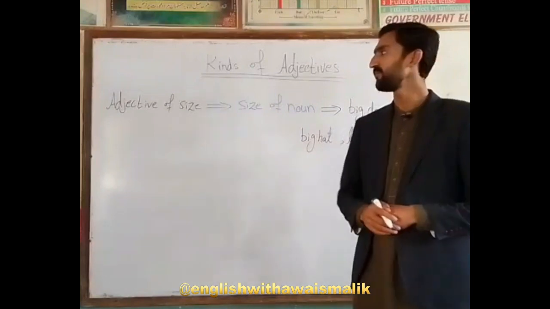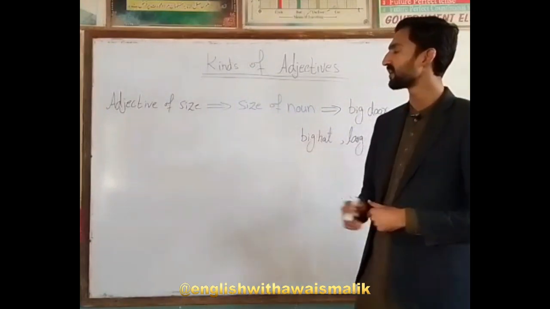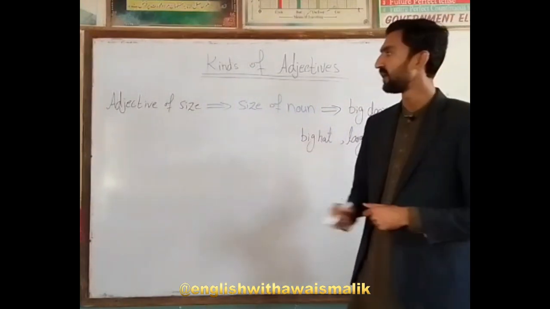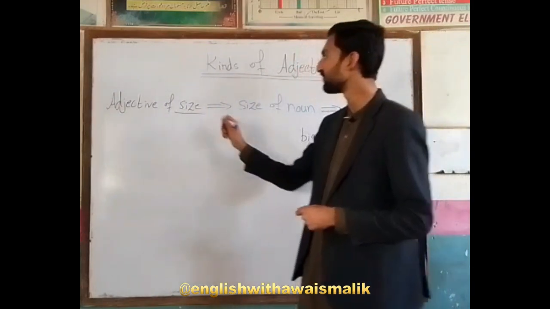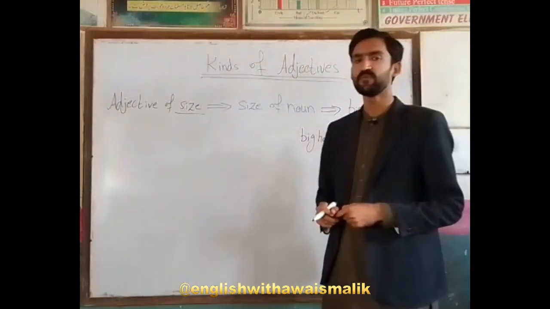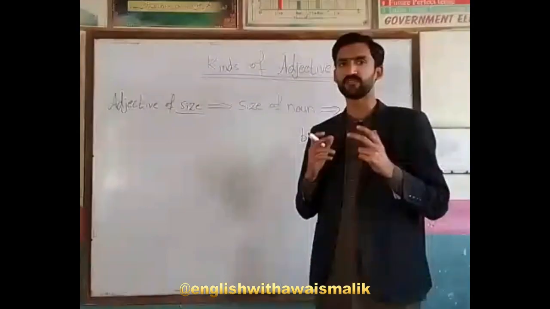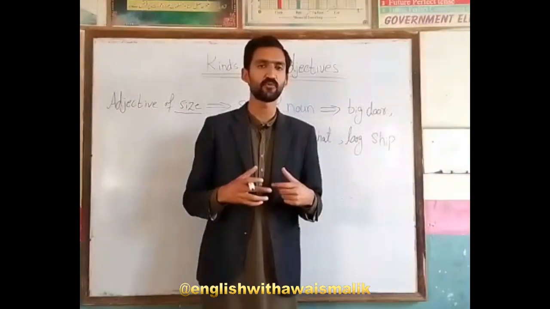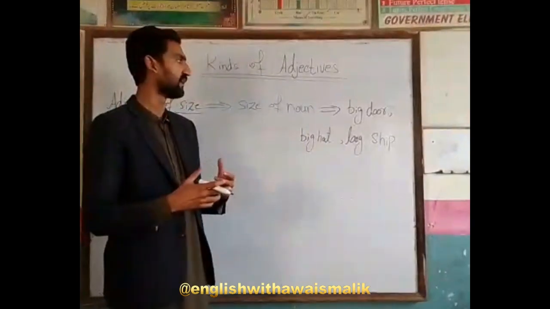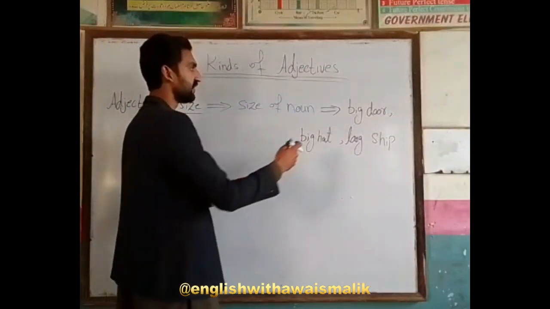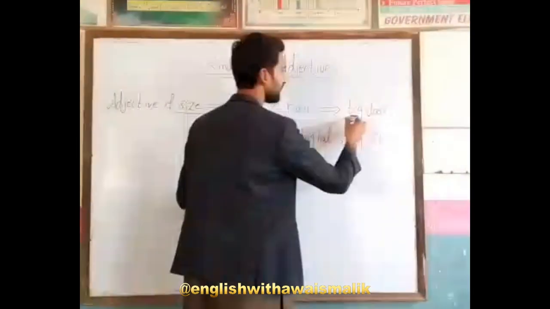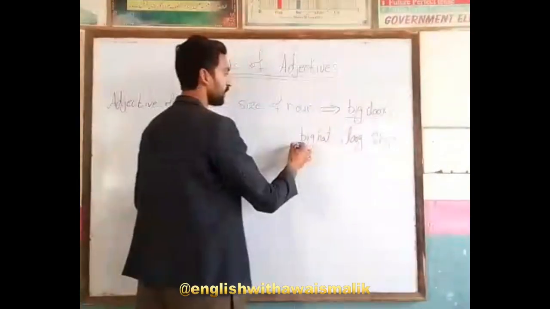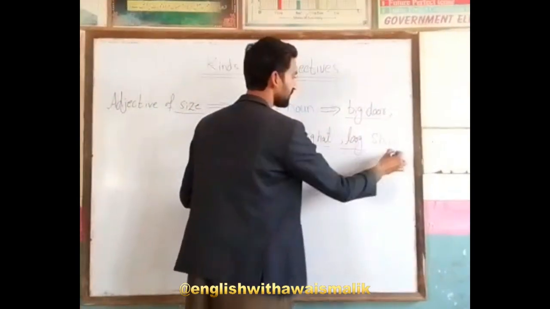Further we have other kinds of adjective: adjectives of size. Those types of adjectives which show and describe the size of a noun are considered adjectives of size. We have different examples when we say big door, big hat, large ship.